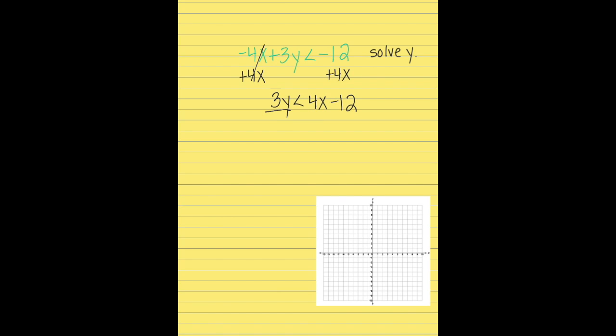Okay, so I'm going to divide by 3. Do I need to flip the sign for this problem? No. I didn't divide by a negative, so I don't need to flip the sign. The only time you flip the sign is if the coefficient you're dividing by is negative. Now, I do need to simplify though. So I need to divide 4 by 3 and -12 by 3.